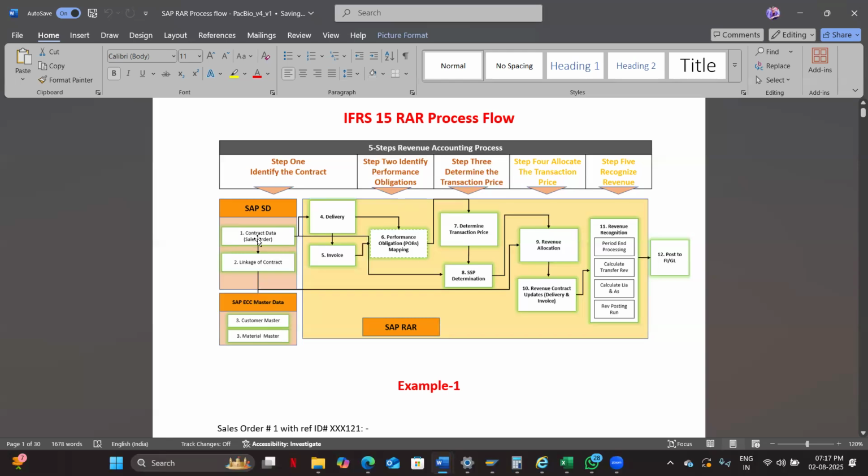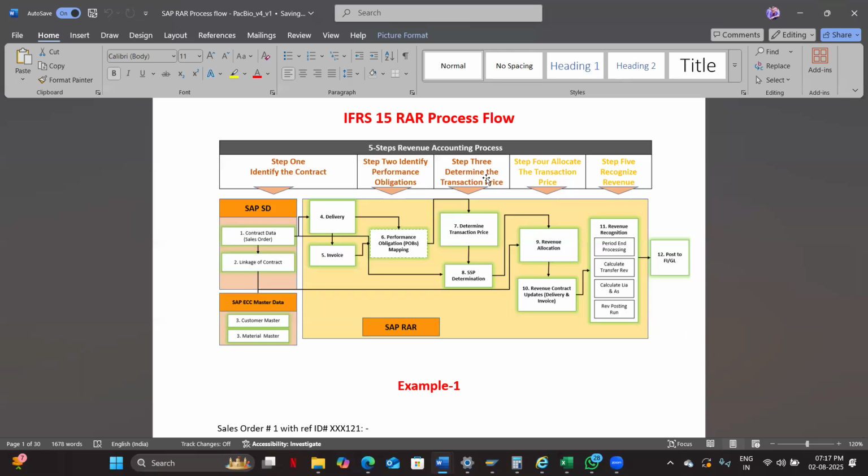Firstly they identify the contract, and here they identify the performance obligation of the material. So what type of product they are purchasing, that they identify, since we have different types of products, for revenue calculation.